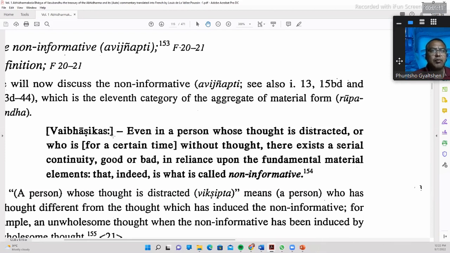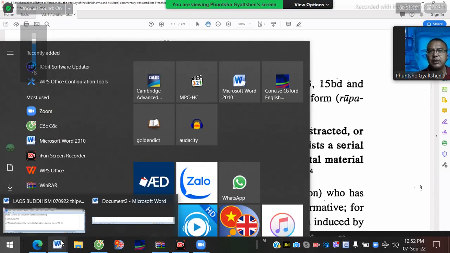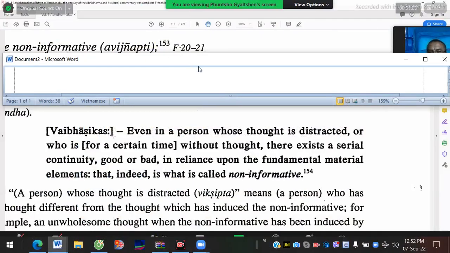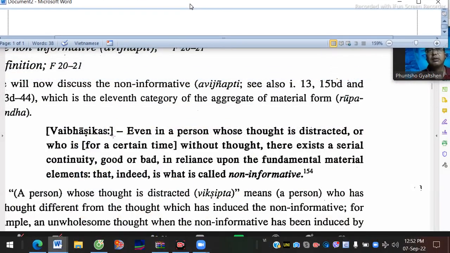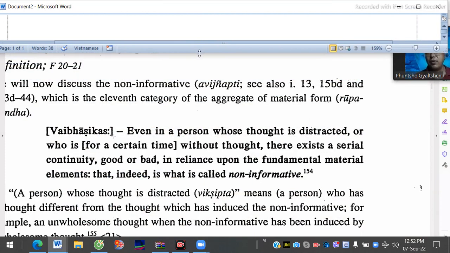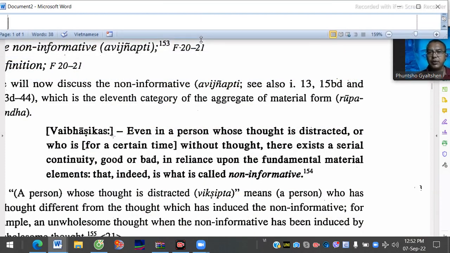Basically, when we were dividing those visible forms, the divisions of visible forms, tangible forms, it went up to 10. It's easy to understand, isn't it?